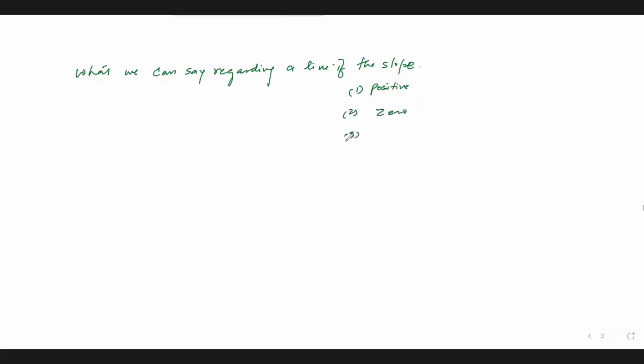Now the question is, what can we say regarding a line if the slope is first positive, second when it is 0, third when it is negative.